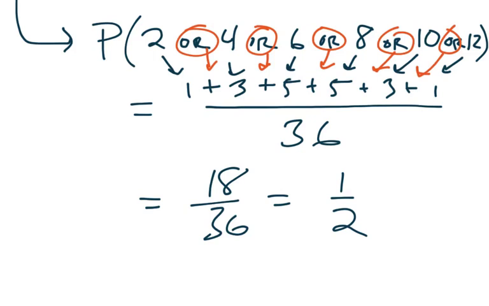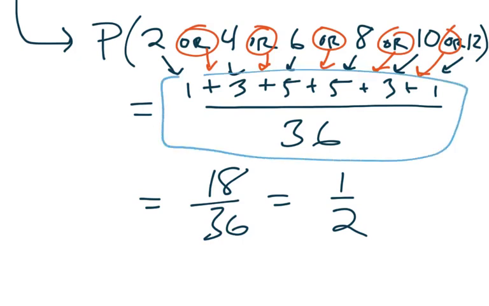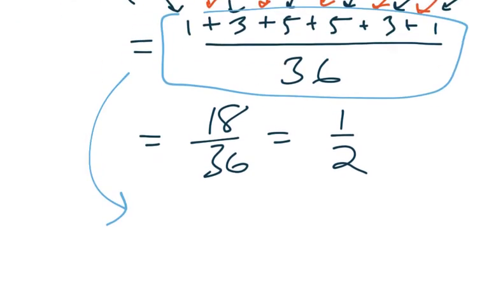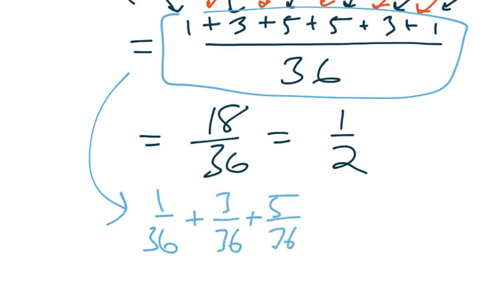Now I want you to notice something else as well. If we were to split this up, this gigantic fraction here, into a bunch of little fractions, what would happen? This would look like 1/36 plus 3/36 plus 5/36 plus 5/36 plus 3/36 plus 1/36.